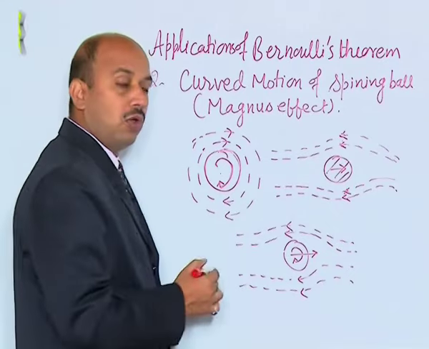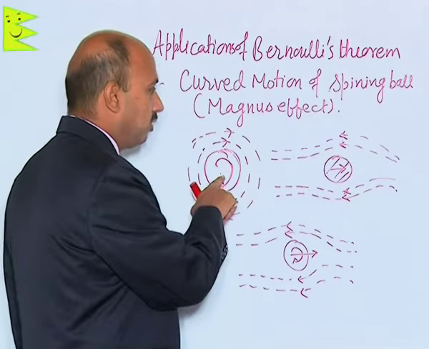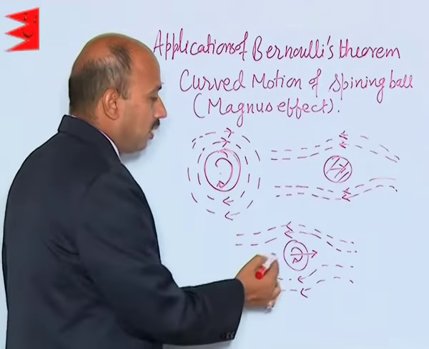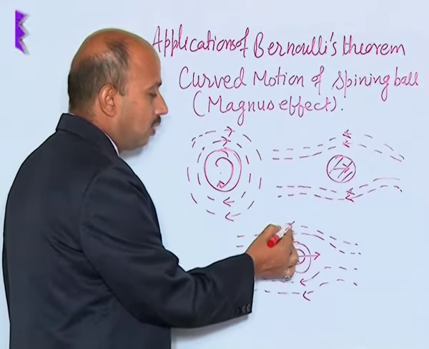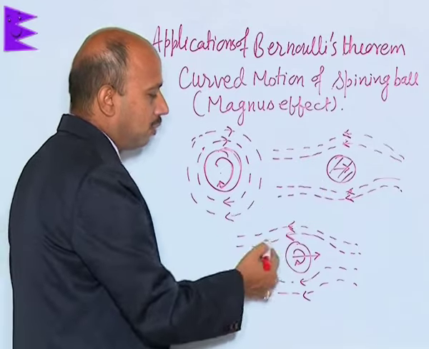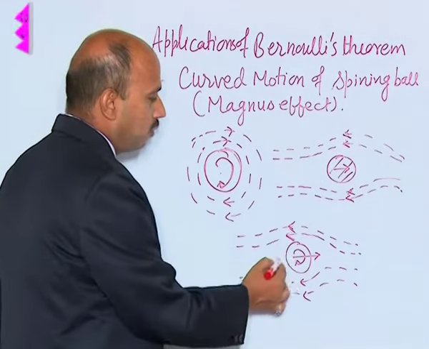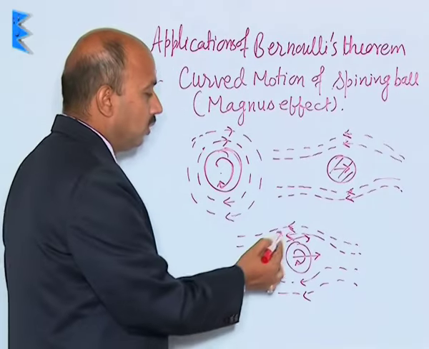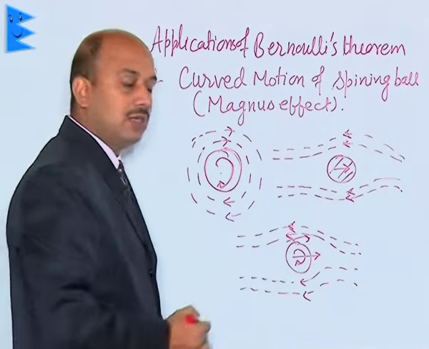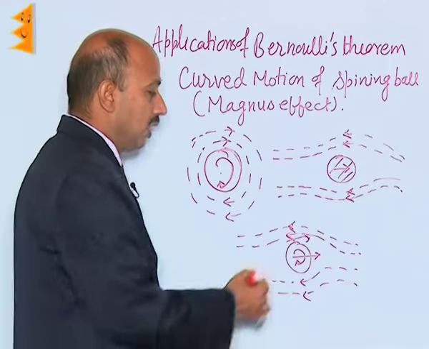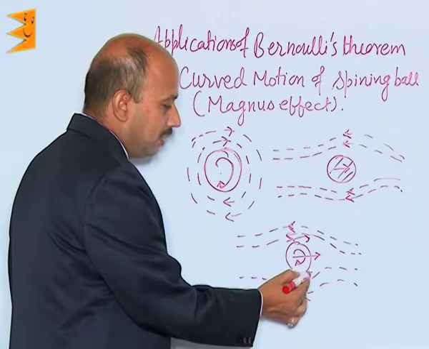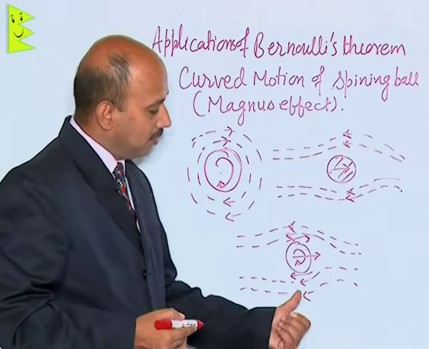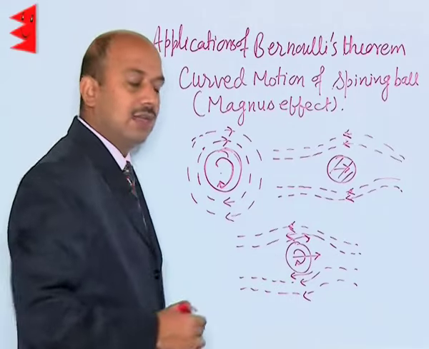Now, if the ball has both motions, spinning as well as linear motion like this, what happens? This is the velocity of the streamline dragged to the back side. Because of spinning, air has velocity to this side. So these two velocities are in opposite directions, which reduces the velocity, and here the velocity due to rotation and due to this drag are both in the same direction, so the velocity increases.